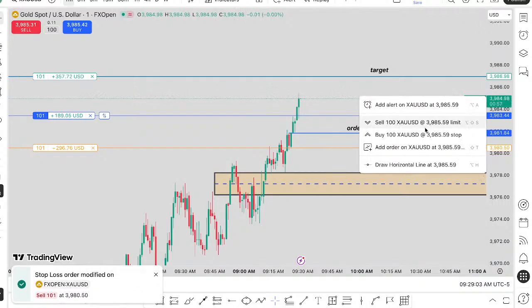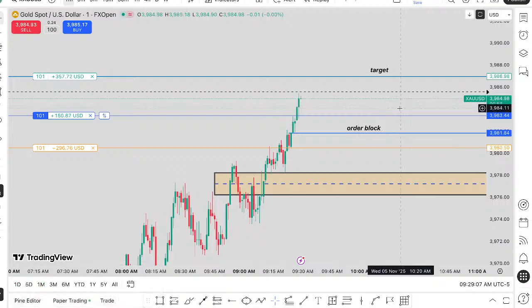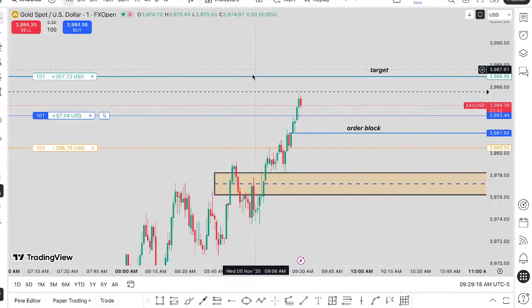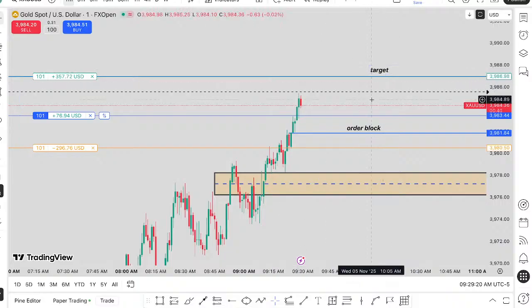Here I should close 50. Half of the position should be closed. It should be taken here, and yes, that's the high time frame target for gold.